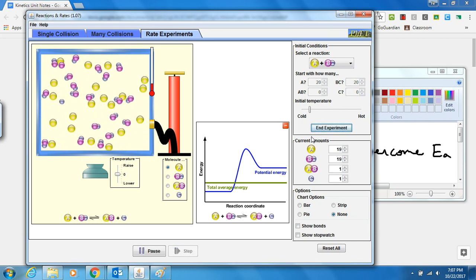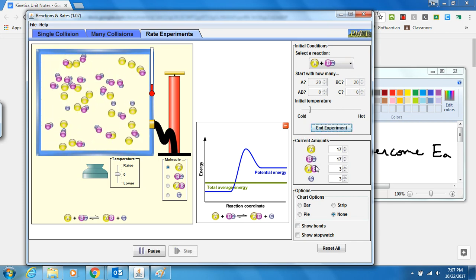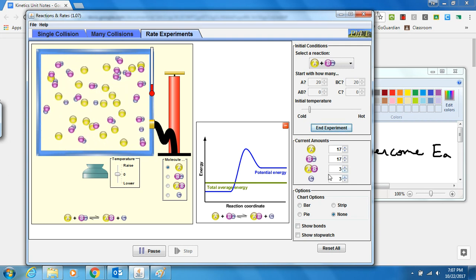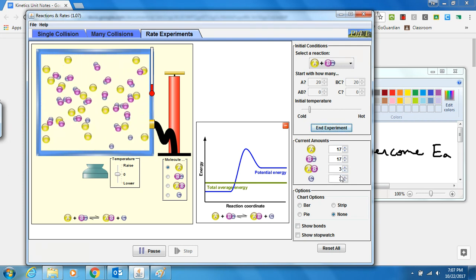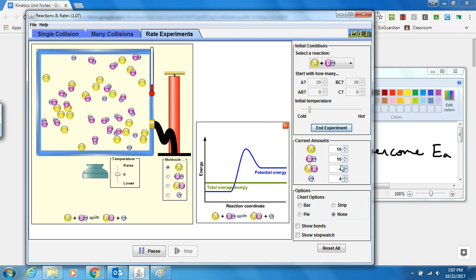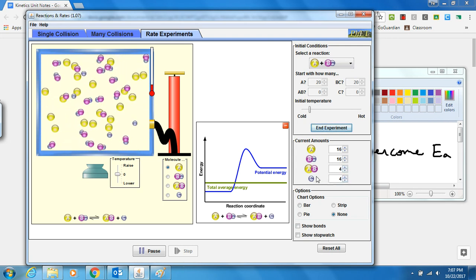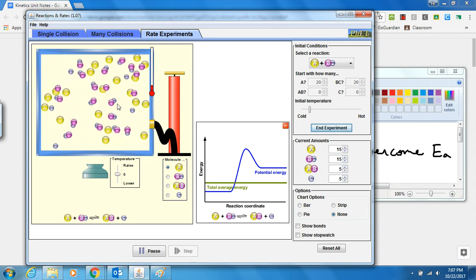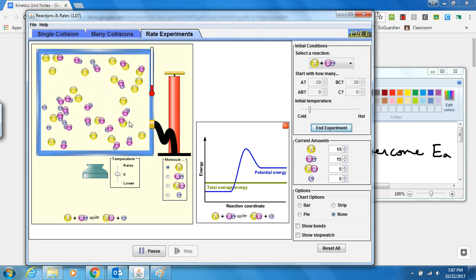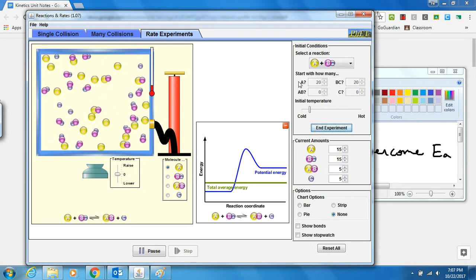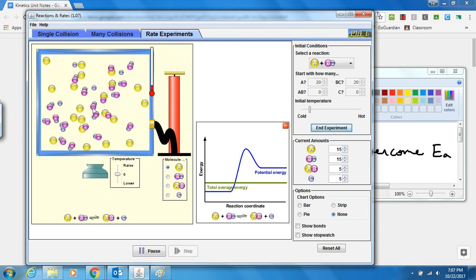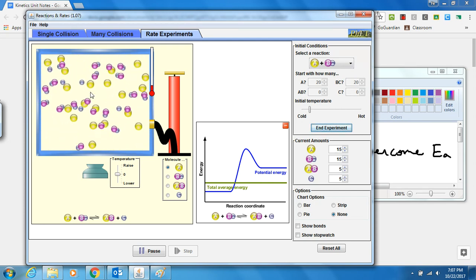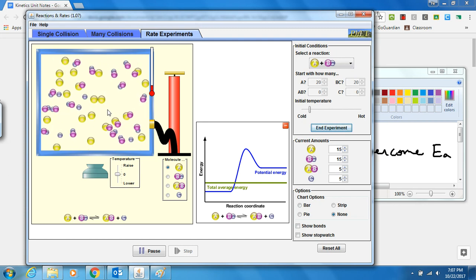So there's our experiment. I see that we are making some of my products, as there's the current amounts. We've converted 4 of these products. So we have some sufficient or some effective collisions. Now we have 5 products. Now, what was the difference? What we did at the beginning, we had a certain concentration of those reactants here.